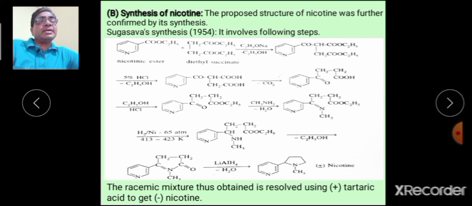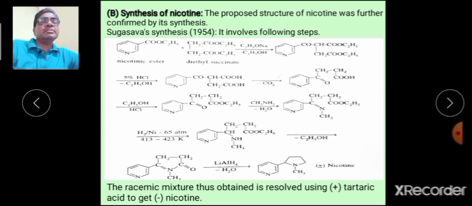The reduction takes place here, this bond is reduced. Then cyclization takes place with elimination of C2H5O and this hydrogen, forming this product, which on treatment with lithium aluminum hydride gives nicotine.